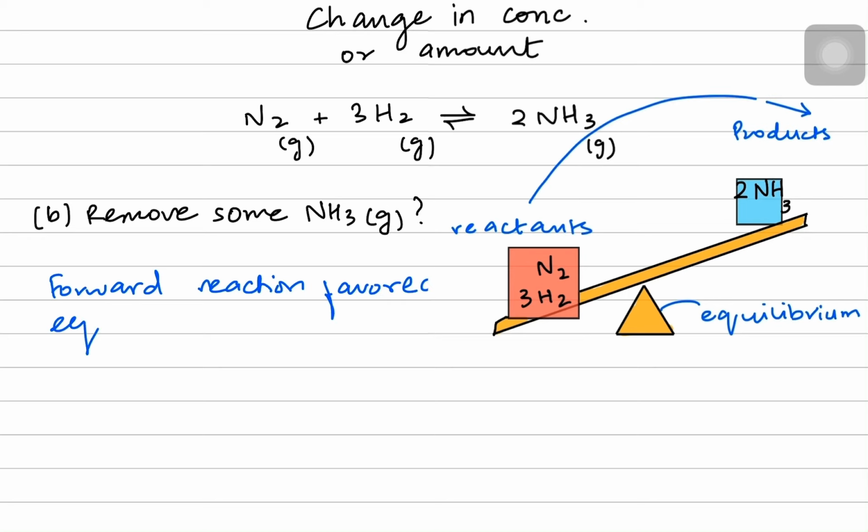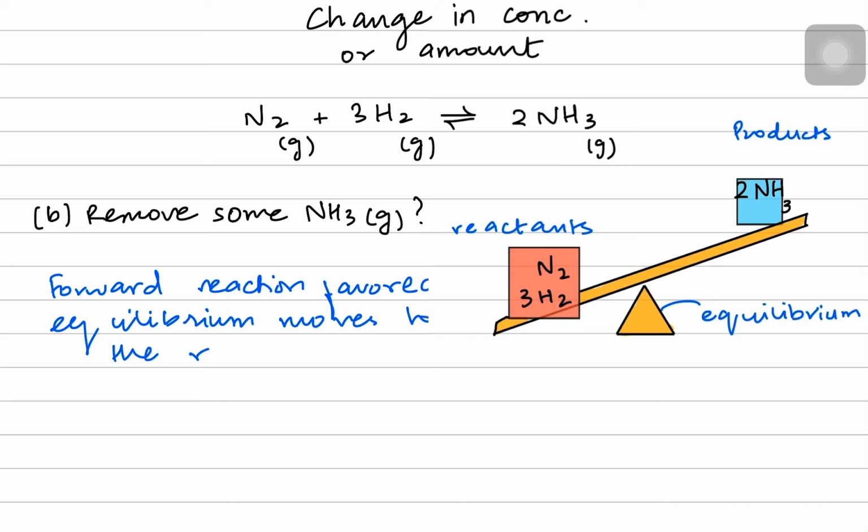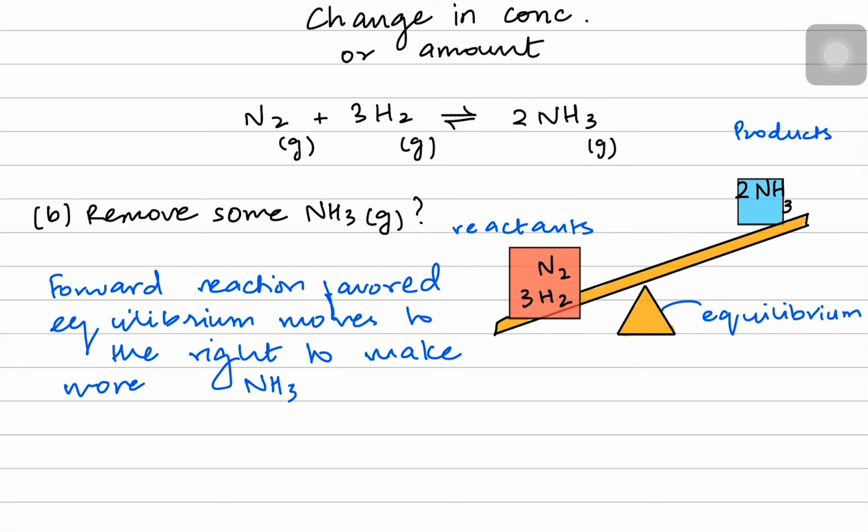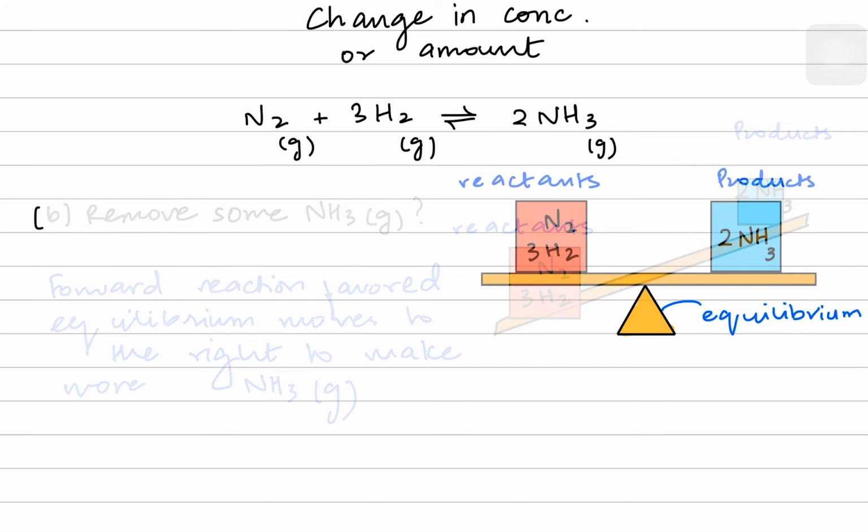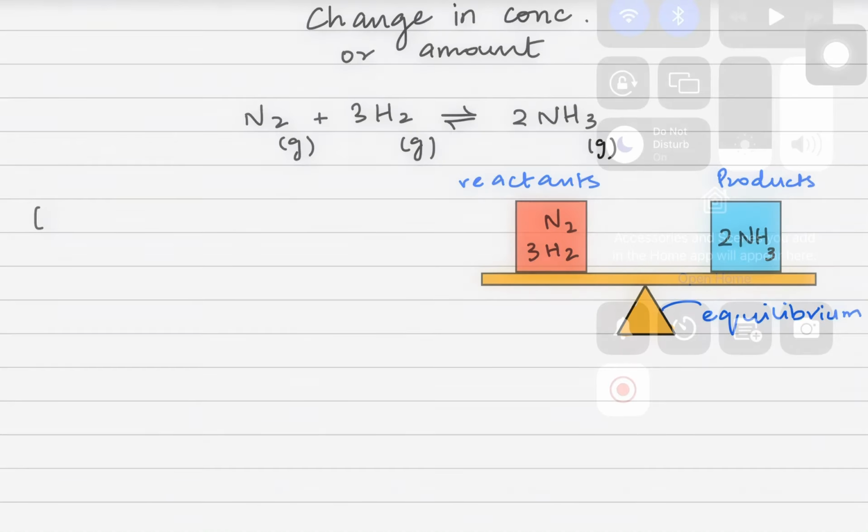So the forward reaction will be favored again. You can say the equilibrium moves towards the right so that more ammonia can be produced, and where more ammonia can be produced, obviously the amounts will become stable again and the dynamic equilibrium will become stable.